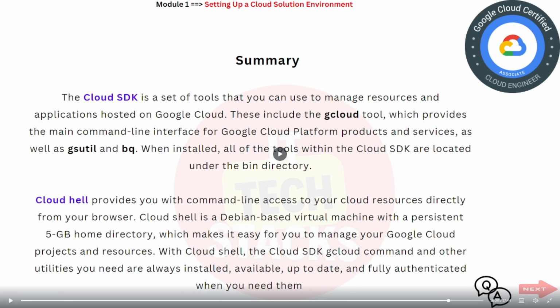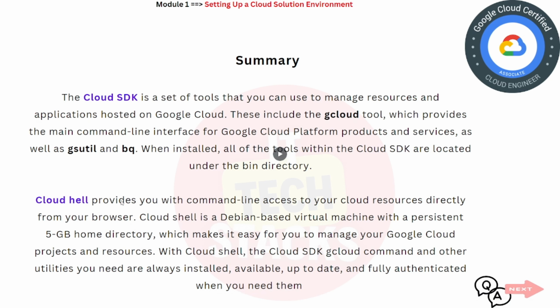Regarding Cloud Shell, it's a temporary Compute Engine virtual machine instance running on a Debian-based Linux operating system, which we discussed in our previous video, and it's also command line access to the instance from a web browser using terminal windows in the Google console. At the top right corner you can see the Cloud Shell button.